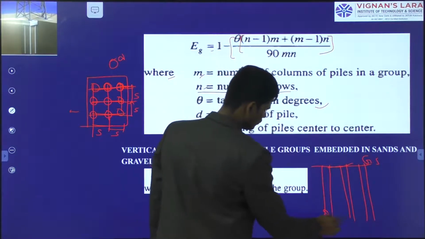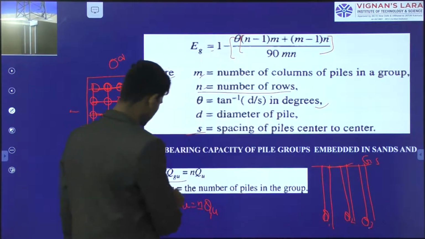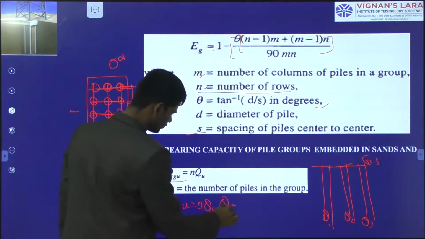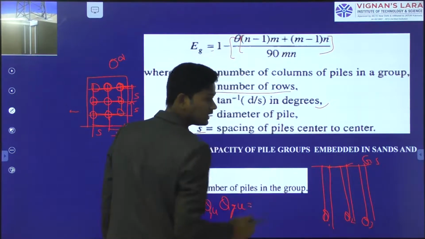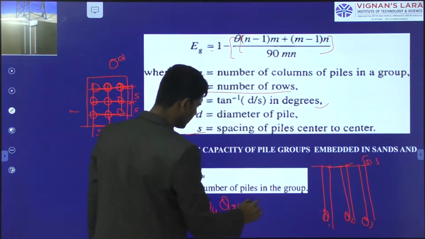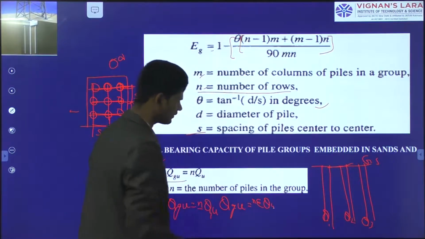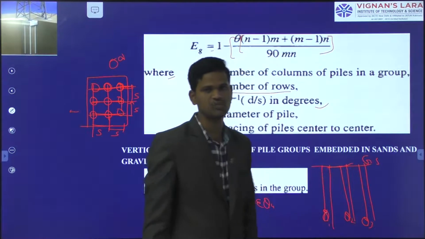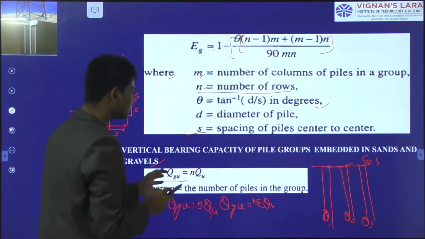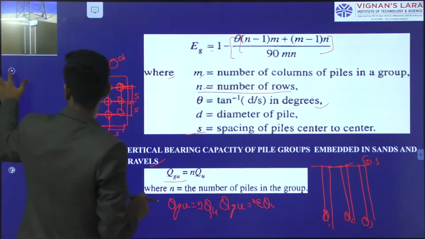This is Q1, this is Q2, and this is Q3, where QGU equals n, the number of piles, into QU, which means the load carrying capacity of the individual pile. How much load carrying capacity does this pile have, this pile, and this pile? In gravels and sands, the individual pile's load carrying capacity we get by using this formula.